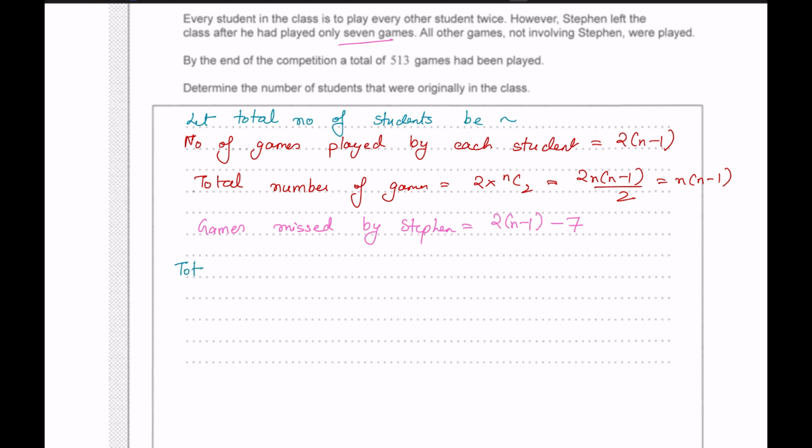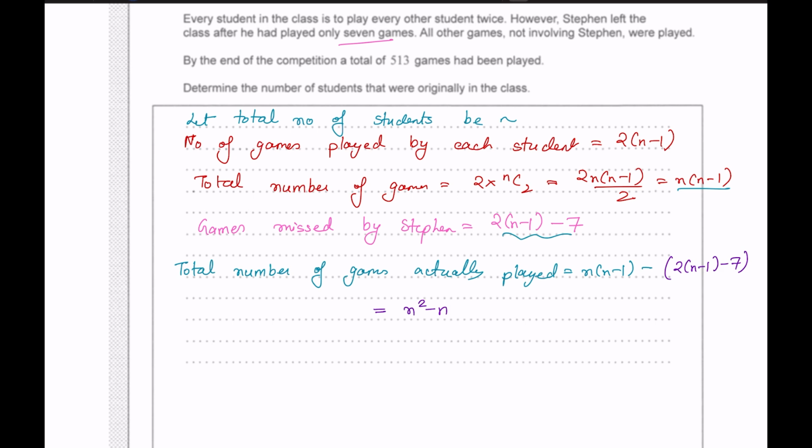So the games actually played: these were the number of games that was supposed to be played, n times n minus 1. After that, we'll remove the games which Stefan missed, 2 times n minus 1 minus 7.